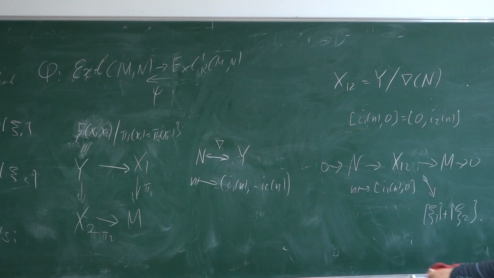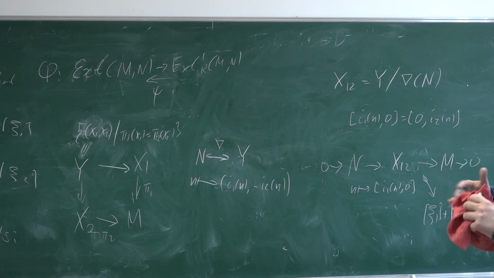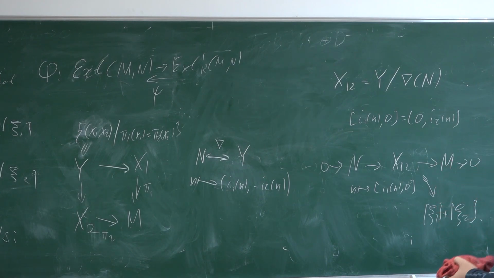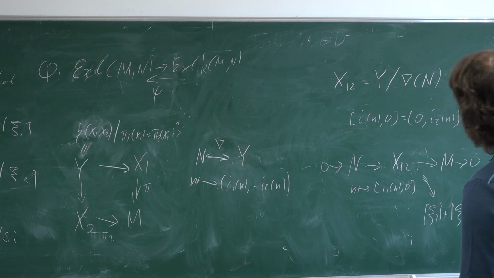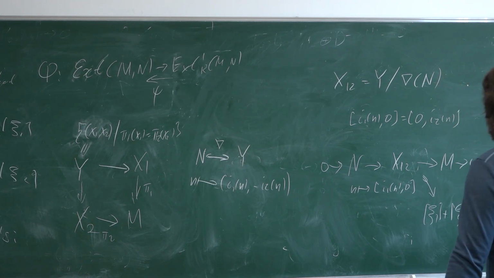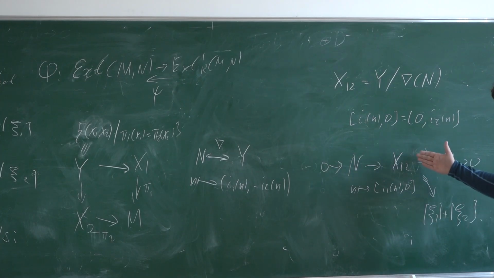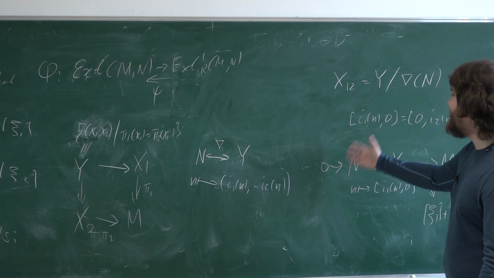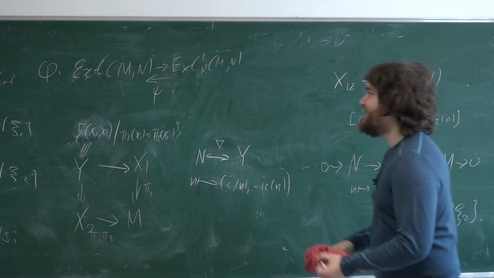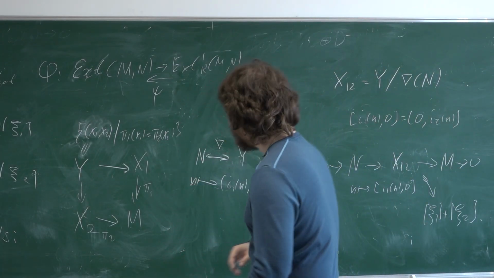If we understand phi and psi very well, it's not very hard to obtain that from this extension you get the sum of homological classes. It's more or less by definition, and it's relatively easy to check that it's an extension.